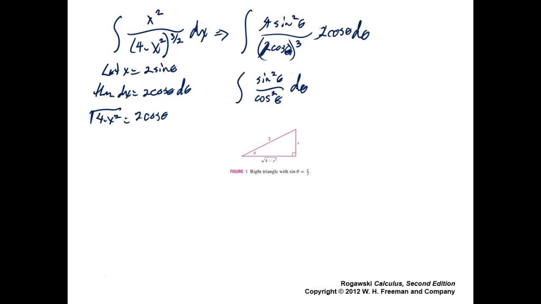Well, what's that? That's the tangent squared theta. And guess what? From the last section, I think we had a table where we had what that was.